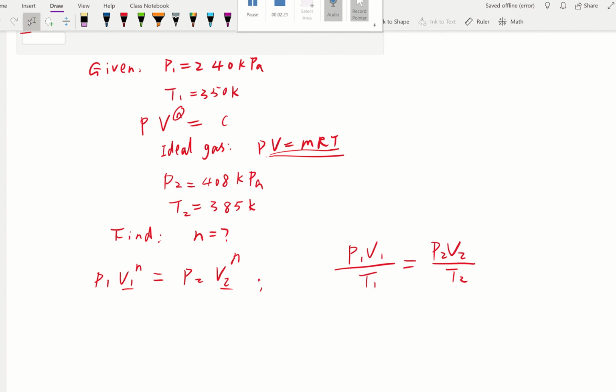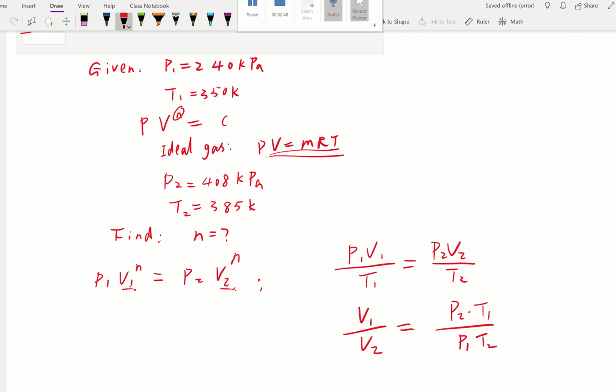Now, if we want to find V1 over V2, the ratio between the volumes, remember that's our driving force, the reason we want to find the ratio between them, then that's going to be P1 here, P2 here. In terms of T, this is going to be T2, this is going to be T1, right?